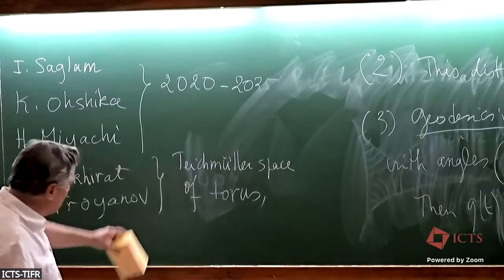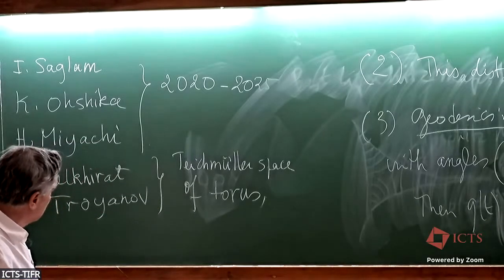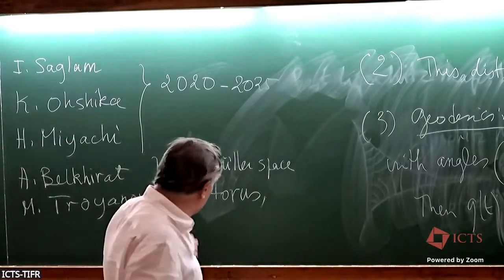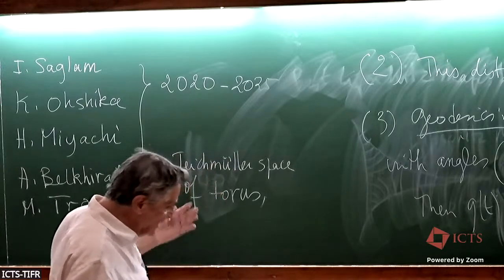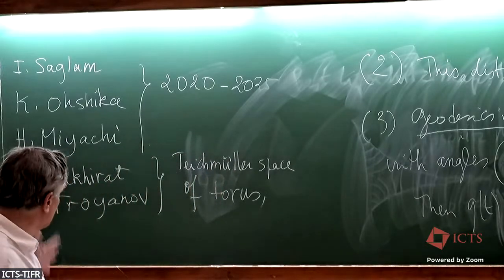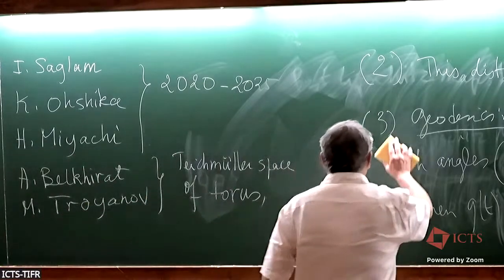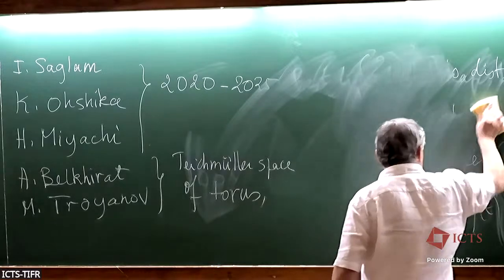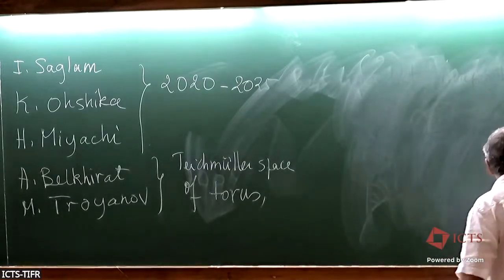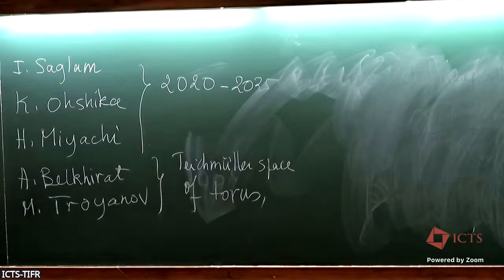So this was, as I said, 15 years ago, but I bring it back because with Ohshika and Miyachi, we did something more on this space very recently. So let me remind you of the Teichmüller space of the torus.